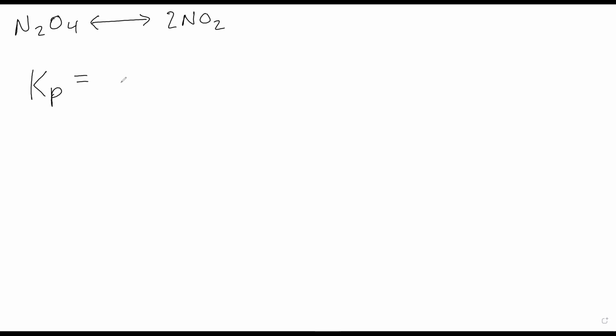Kp is equal to Kc times RT to the power of delta N. Kc is your equilibrium constant.